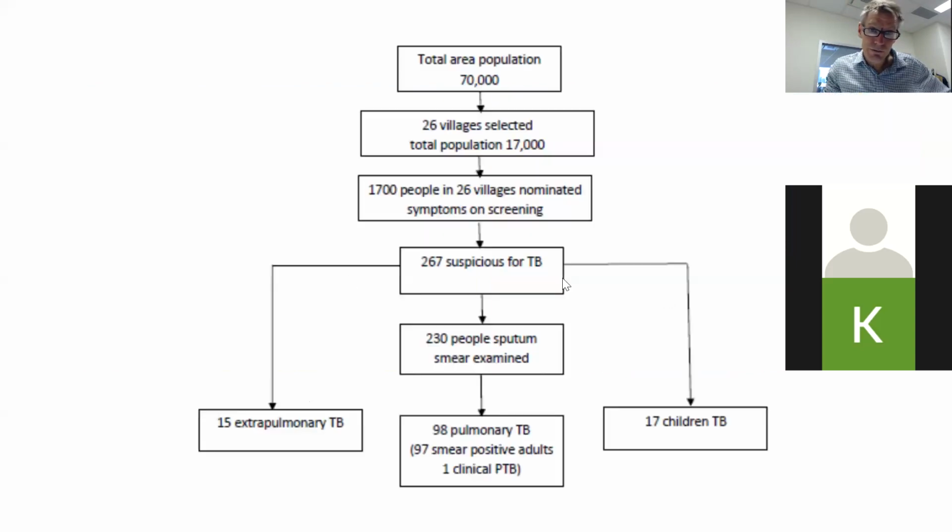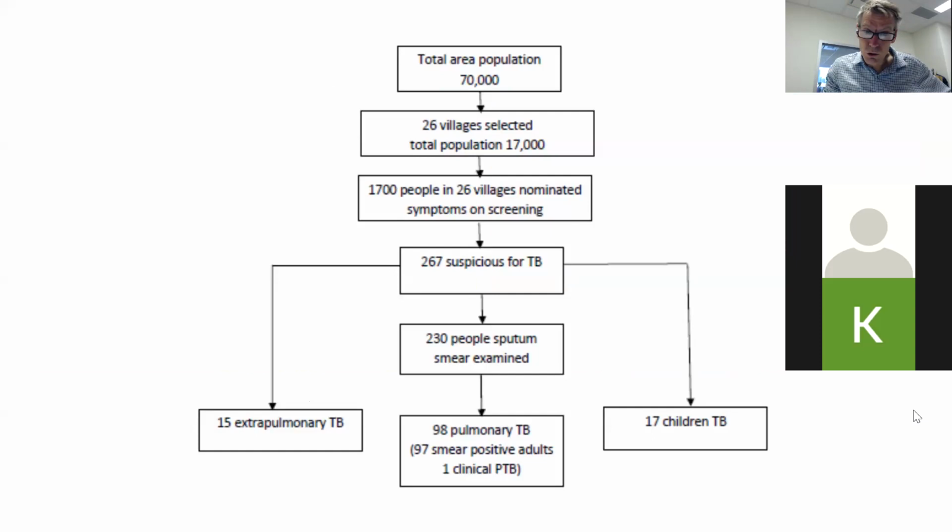The reason to do something so simple is that it's a method of active population-based screening that could be done anywhere in the world, even in remote places. And so this was the laboratory scientist who was able to do the Ziehl-Neelsen staining just in the village. And this is what they found.